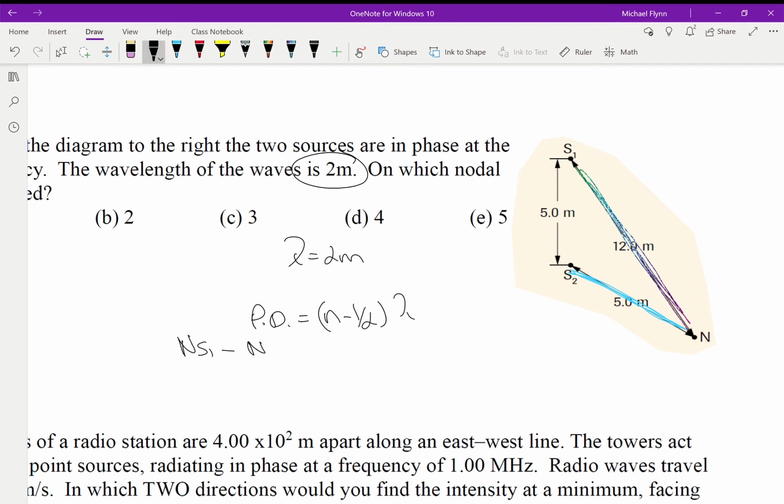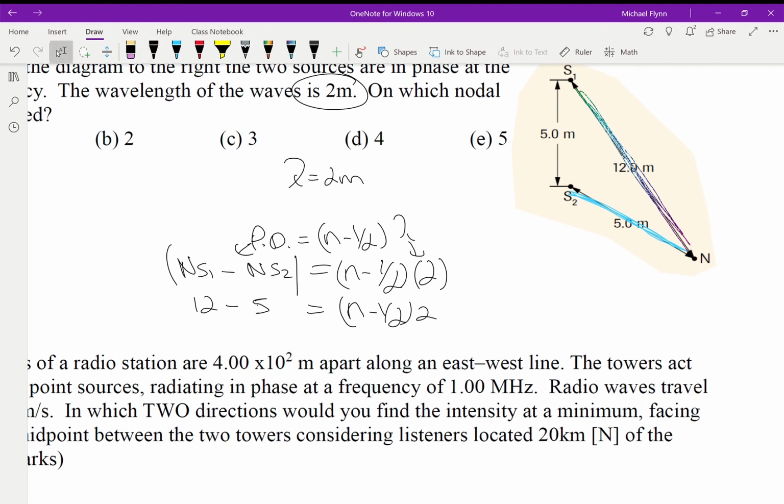All right, so let's get this right. nS1 minus nS2, that is the path difference. And that's equal to n minus 1/2 times the wavelength, and the wavelength is 2 meters. So we're going to put in the number 2. Now here, this is 12 minus 5 equals n minus 1/2 times 2. So 12 minus 5 is 7.